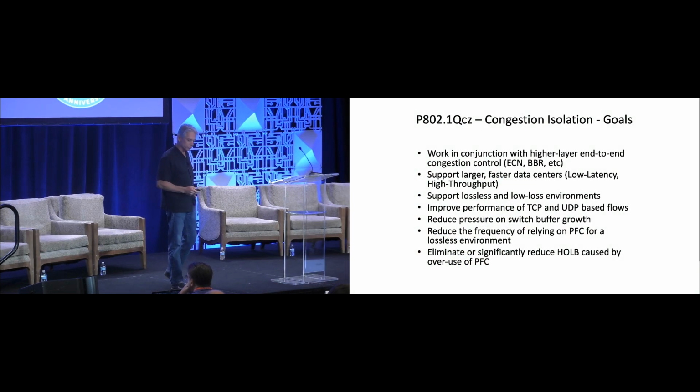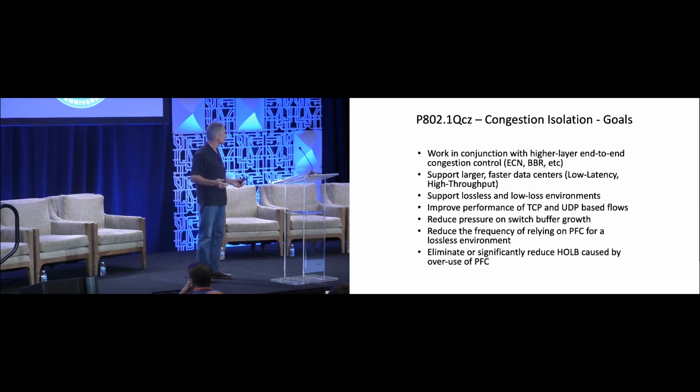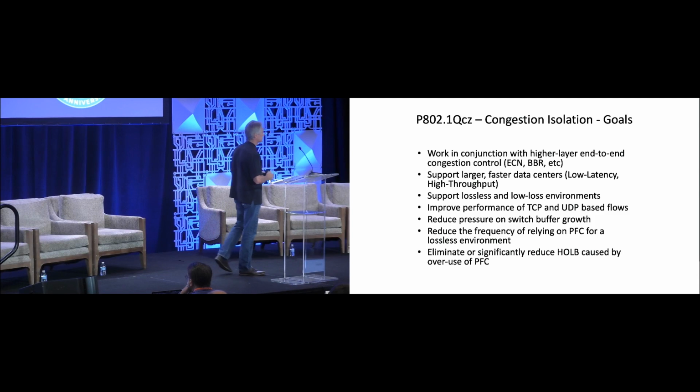The goals were not to replace end-to-end congestion control, but to work with it, to allow it to work more effectively. And to support larger scale, faster data centers with super low latency, to support NVMe over Fabrics and storage protocols that need sub-microsecond type latencies.